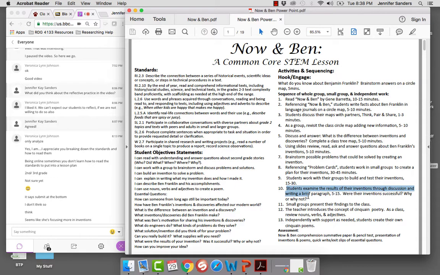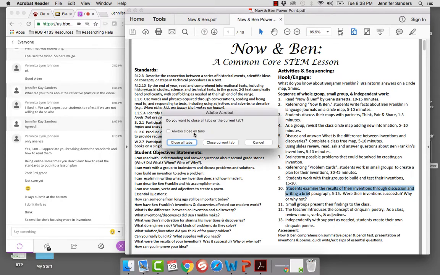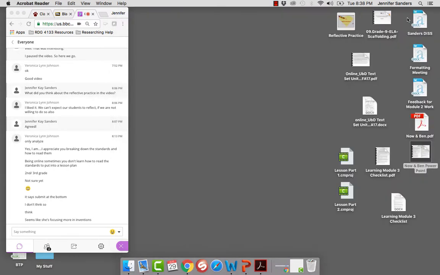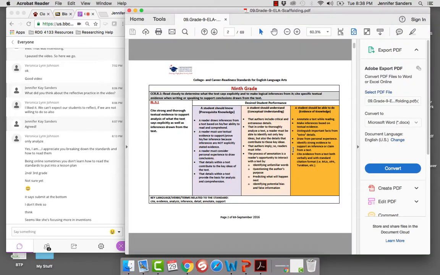Because you're supposed to build your units and your lessons using your end product. And your end product is this scaffolding in the document here. And so this is what you're looking for. These are the concepts that the student should be able to do.